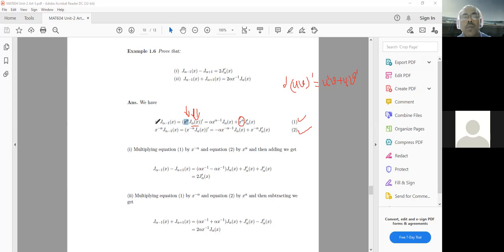So if you multiply by x to the power minus alpha, by the laws of indices, x to the power minus alpha into x to the power alpha is 1. So I will get J alpha minus 1 here, right? So here you will get the respective two terms. Similarly, you multiply the second equation by x to the power alpha. So this coefficient is 1, right?